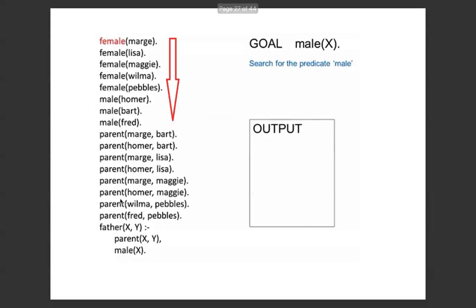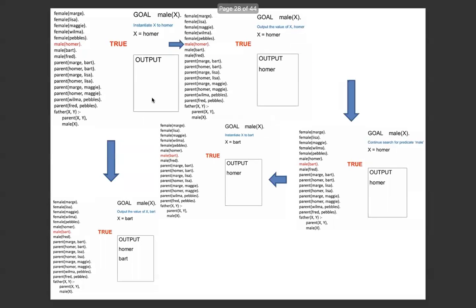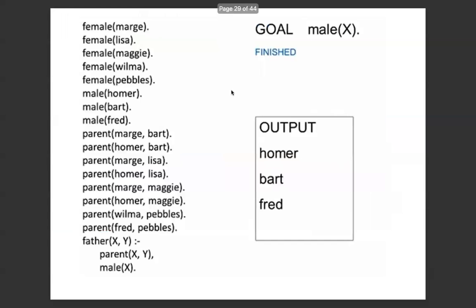So the first instance finds male true with X equal to Homer, then X equal to Bart, then X equal to Fred. Homer, Bart, and Fred. So it starts from the top and simply matches the male part of this predicate and associates X with the parameters that it sees on the way. It starts off with Homer, that's the first thing it sees, then Bart and Fred.